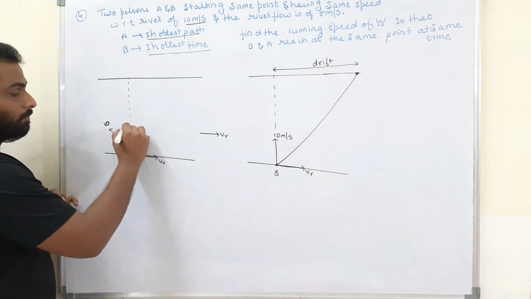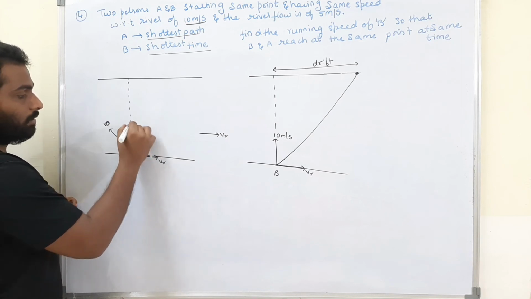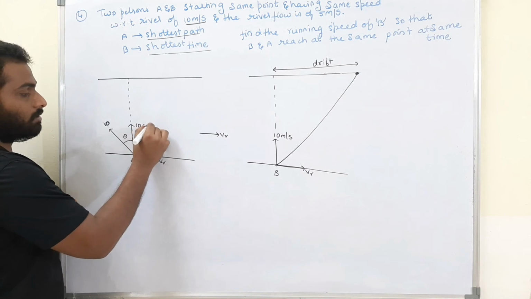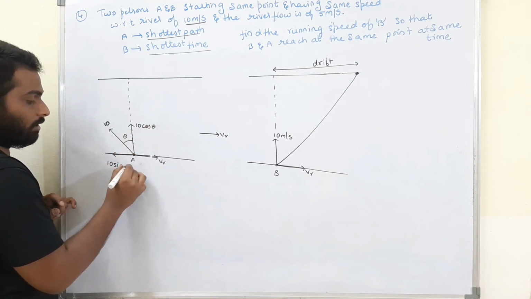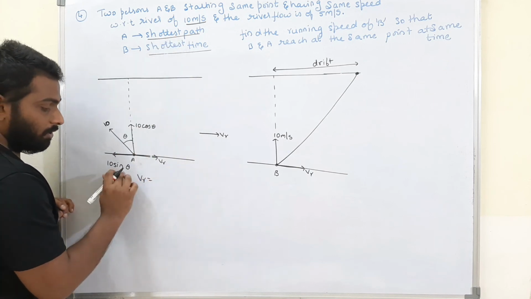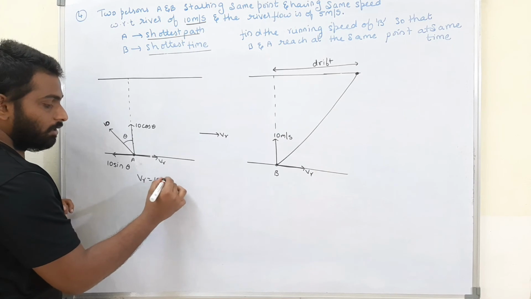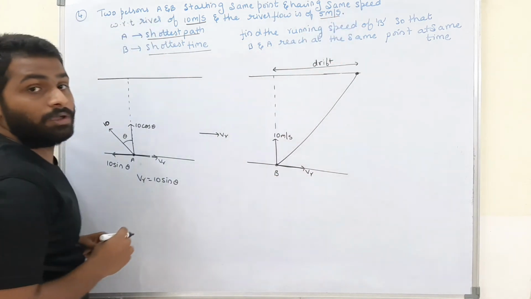Now, this is 10. What is the speed along this one? That is nothing but 10 cos theta. And what is this one? 10 sin theta. To reach by the shortest path, what is the condition? VR must be equal to 10 sin theta. What is VR? They gave us 5 meters per second.